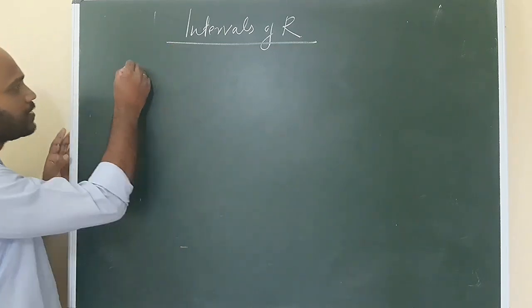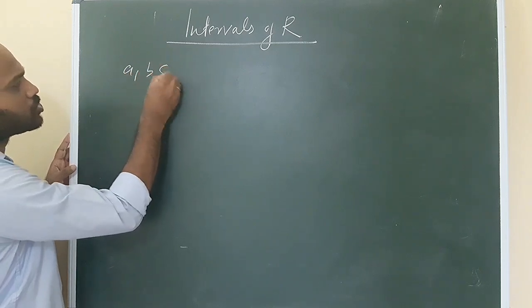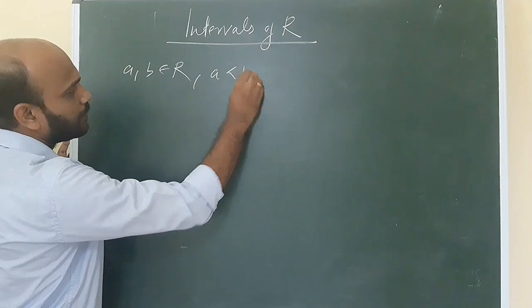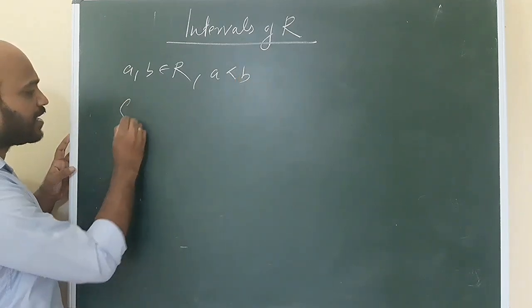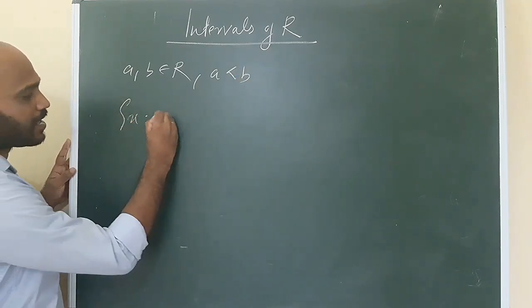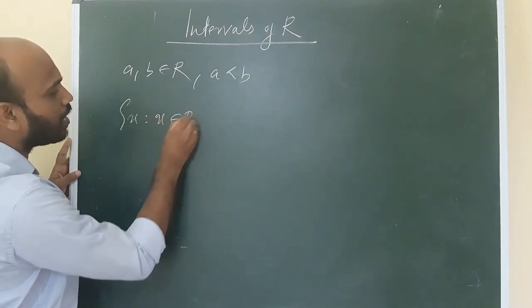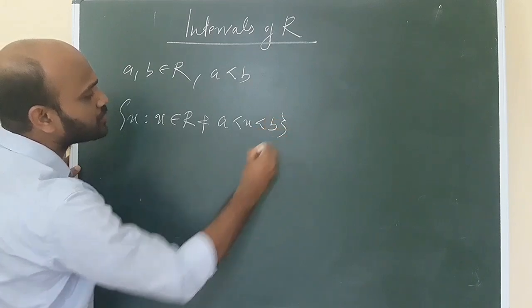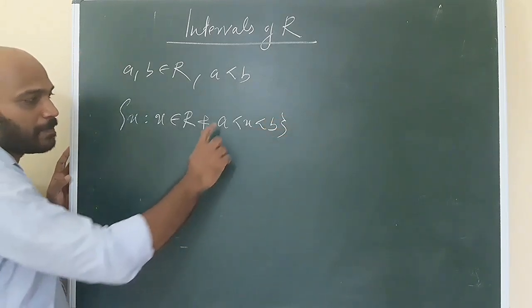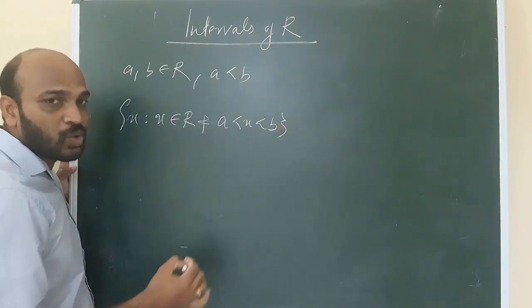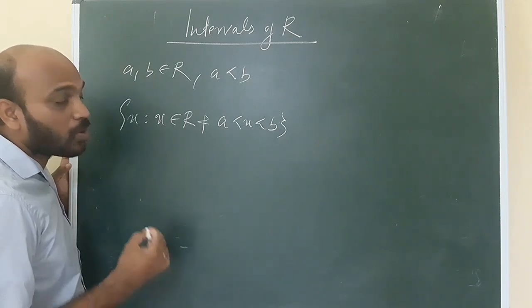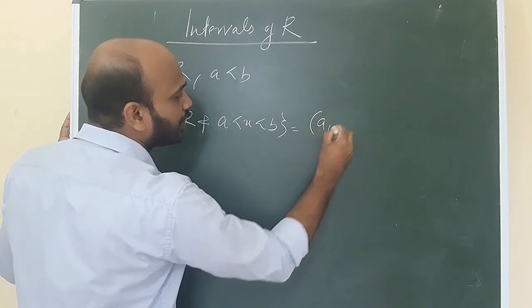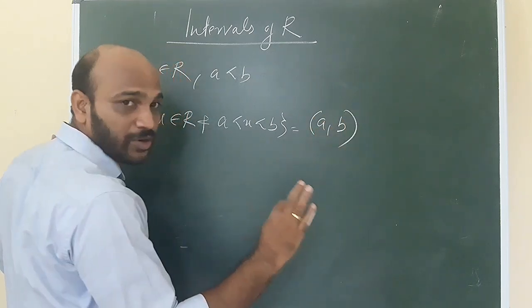Now, suppose A, B belong to R. A and B are two real numbers and A is less than B. Then the set of all x such that x belongs to R and A is less than x less than B, meaning all real numbers between A and B excluding A and B, is called an open interval, which is denoted by open interval from A to B. That is the notation.